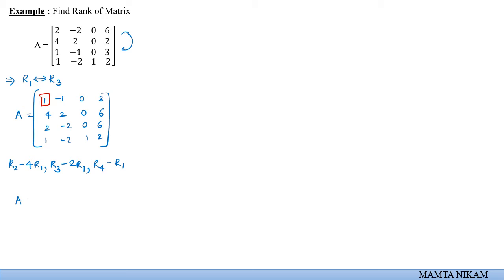So on performing this transformation, the newly formed matrix will be: first row will remain as it is, 1 minus 1 0 3, then 4 minus 4 will be 0. Second row we will first calculate, then 2 minus of minus 4, that is 6, then 0 minus 0 will be 0, then 6 minus 12 will be minus 6.